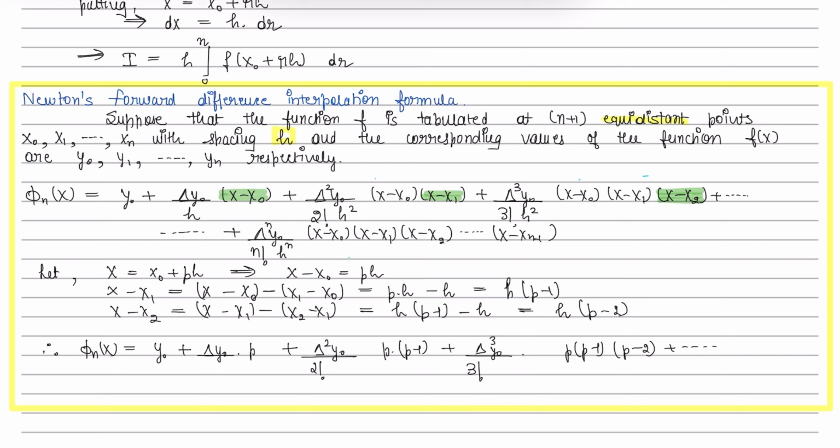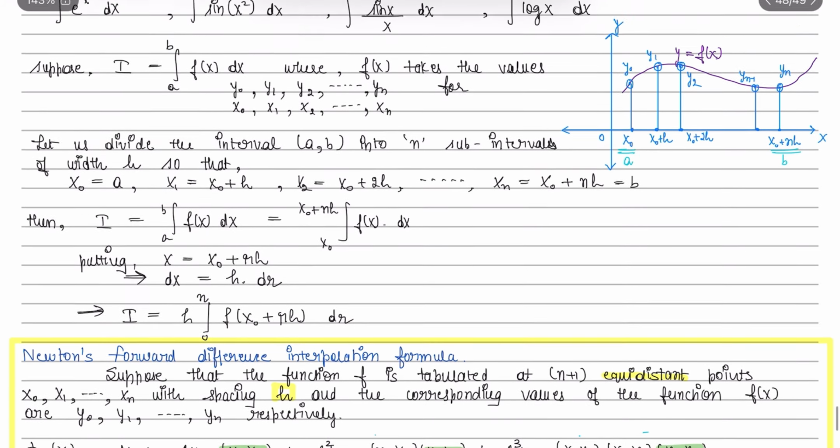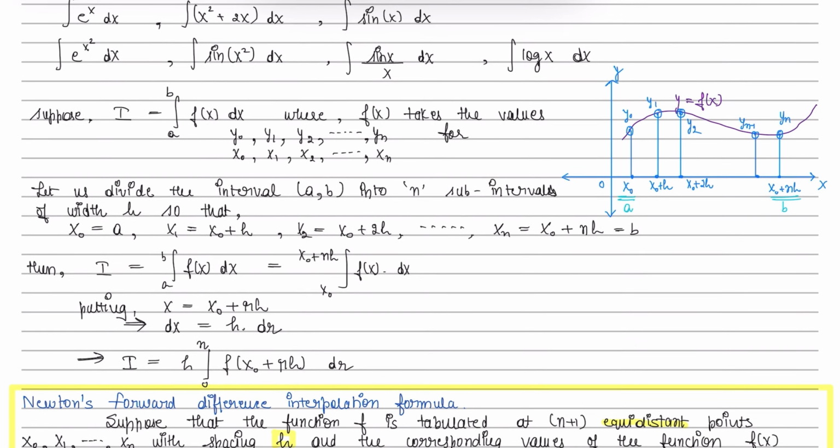The main motive to introduce Newton's forward interpolation formula here was to make an understanding that this method helps us to approximate the given function f using some tabulated set of points. Till now, we had a function f of x and we were interested to find the integration of that function, which was not easily possible.